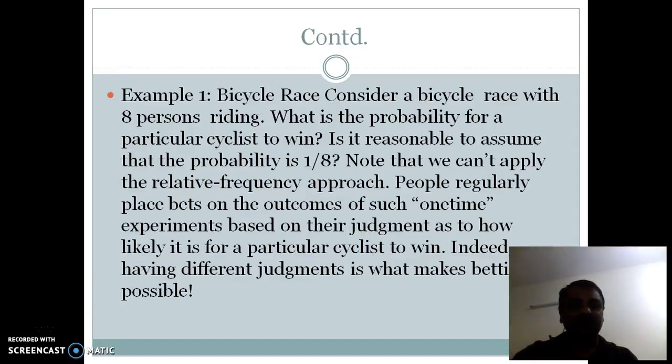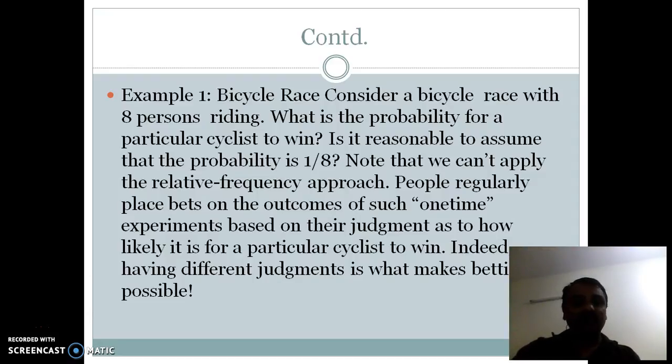Let's see an example of a bicycle race. Consider a bicycle race with 8 persons participating. What is the probability for a particular cyclist to win? Is it reasonable to assume that the probability is 1 by 8?